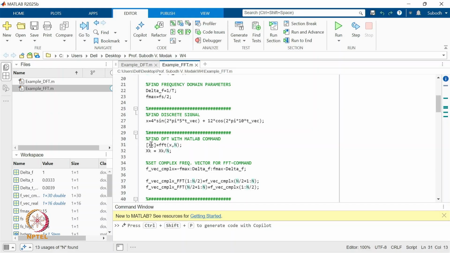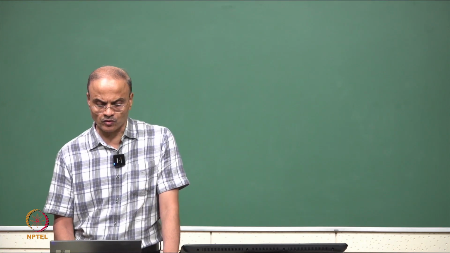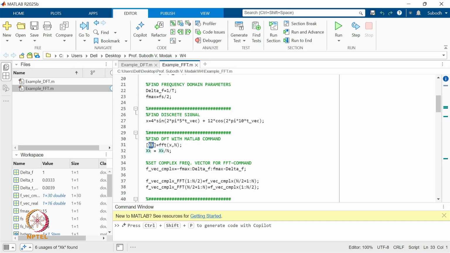And then on the left hand side we will get xk, which is the frequency components themselves, not the magnitude, and they are in general complex. MATLAB gives you complex frequency components, two-sided DFT components, and those components are multiplied by n.